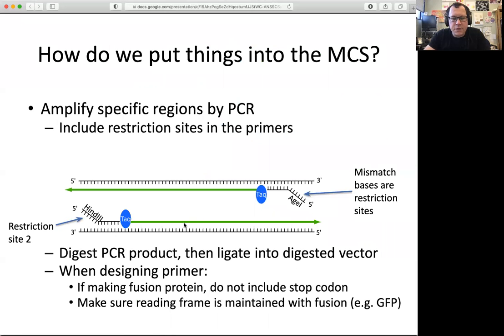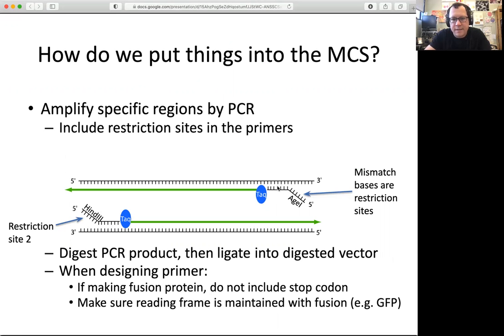So when we design our primers for PCR, we can add restriction sites to them. Remember, when a primer binds, the Taq is going to bind onto the 3' end and start copying there. What's at the 5' end of the primer doesn't necessarily matter, as long as most of the primer can anneal to the template towards the 3' end.